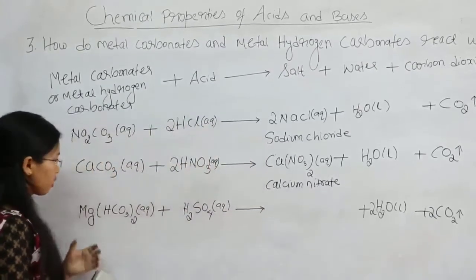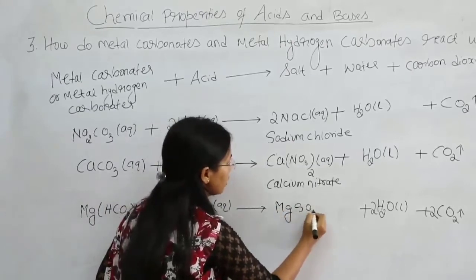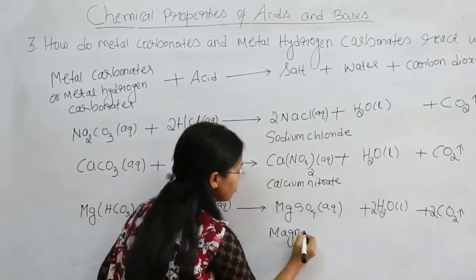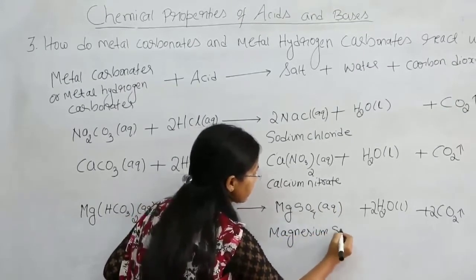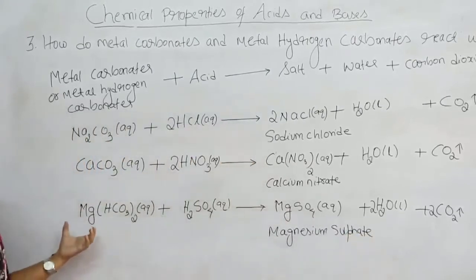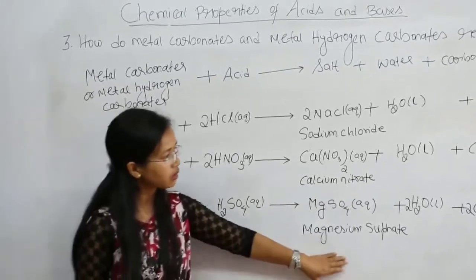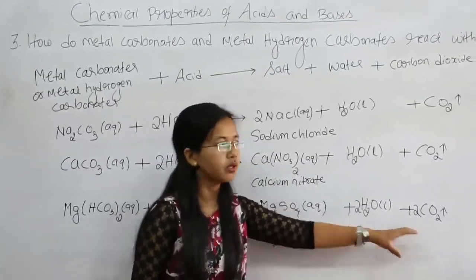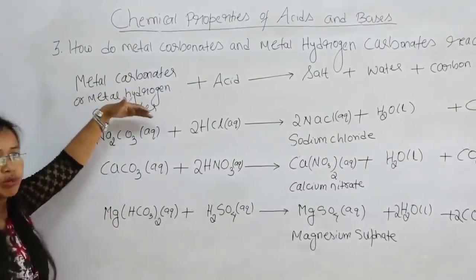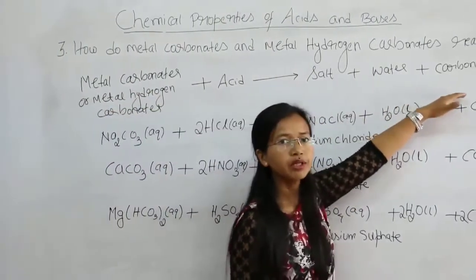Next we combine the remaining magnesium and sulfate, MgSO4, magnesium sulfate. So this is the reaction of metal bicarbonate with acid. You get salt, water and carbon dioxide. This is the third property: the reaction of metal carbonates or metal hydrogen carbonates with an acid.